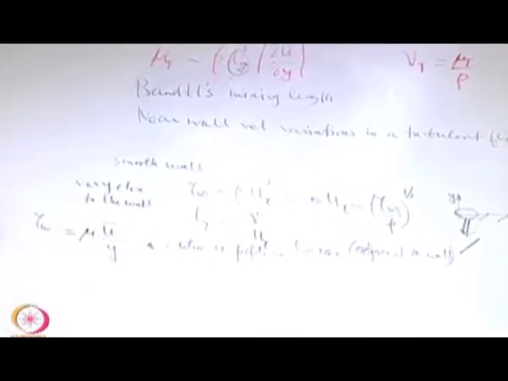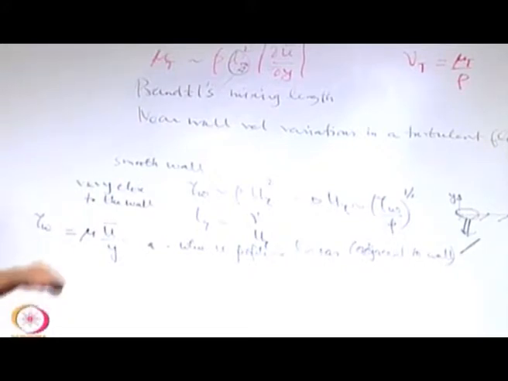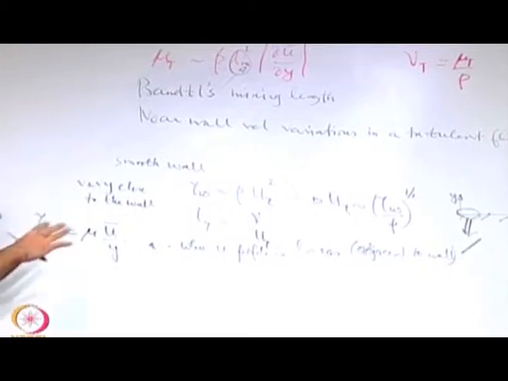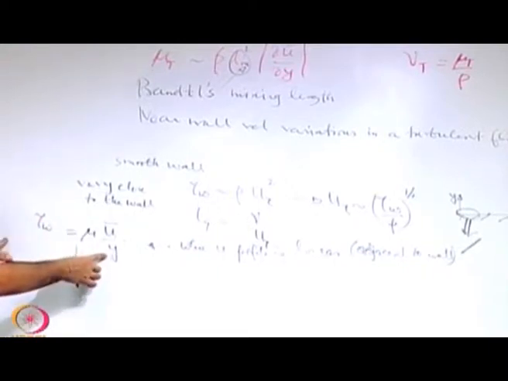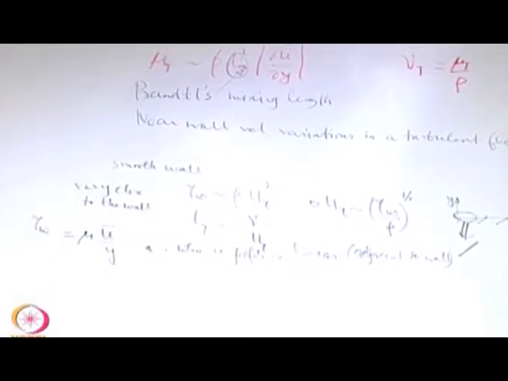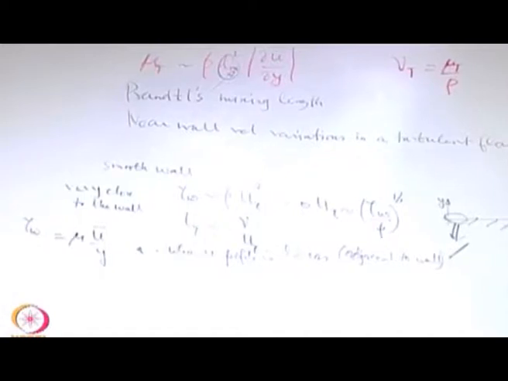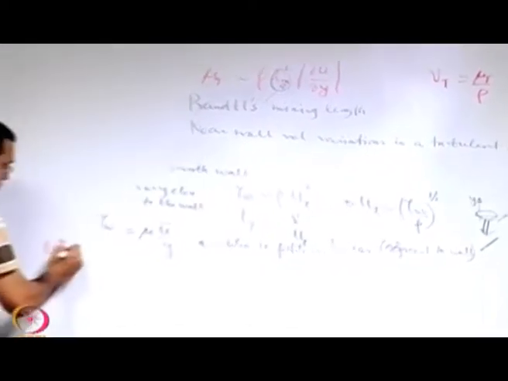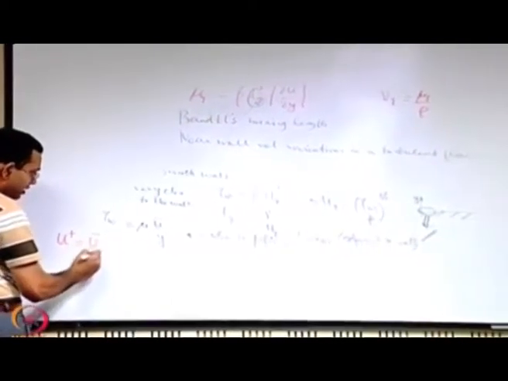Okay. So when you have this wall shear stress and the related expression, let us write the velocities and lengths non-dimensionalized in terms of the velocity and length scales that we are talking about. We introduce a non-dimensional velocity, say u plus, which is u average divided by u tau.